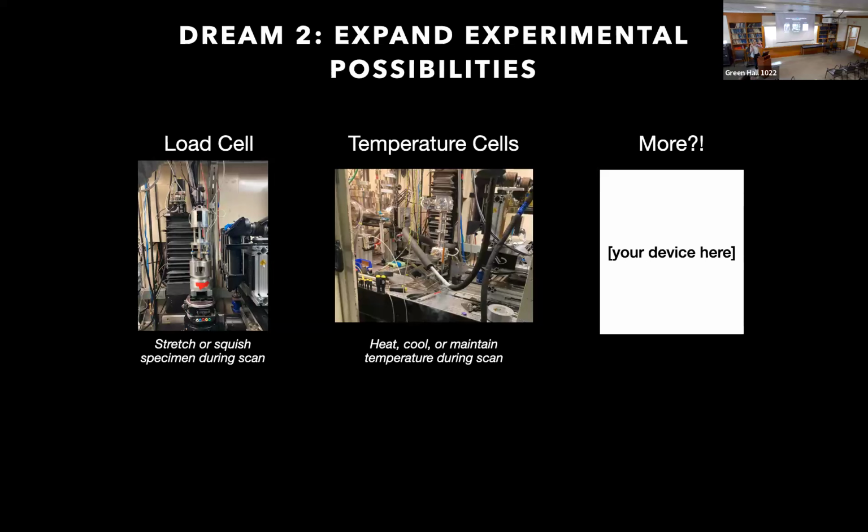They grow these dendrite structures inside, so people look at how those form as they deplete and recharge a battery, which is pretty interesting. There's also temperature cells where we can heat things up to 2000 degrees Celsius, or things like the cryojet where we can image frozen things.